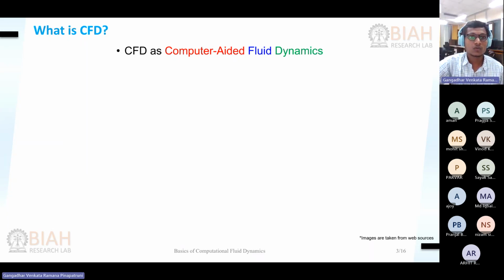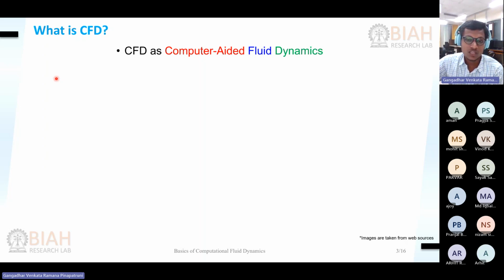Now we will have a brief idea of what computational fluid dynamics is. The short term we always use in real life is CFD. We say it as computational fluid dynamics, but its actual name is also computer-aided fluid dynamics.